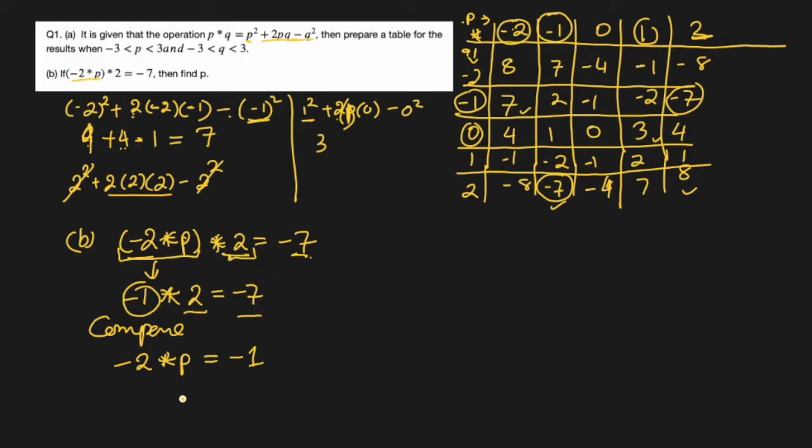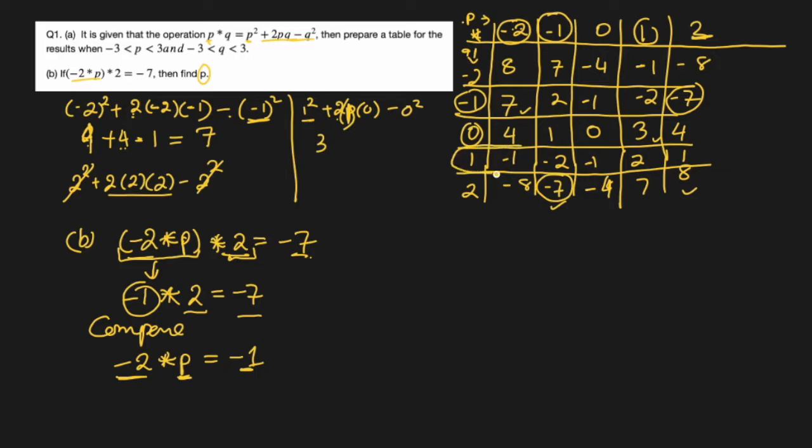they are equal. Now we'll have to see that -2 star what gives you -1. They have used the same alphabet P 2 times. I think we should have used something else, but the solutions from where I looked at, they used P. So I have used P, but this P is different from general P, this one. Okay, keep in mind. So -2 is here in this column. Where do we get -1?